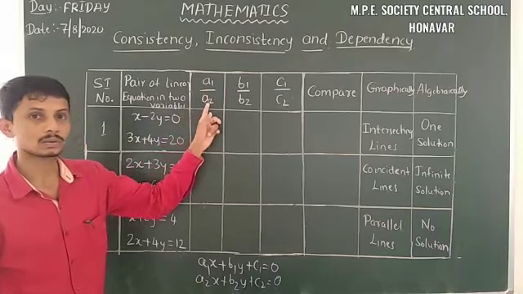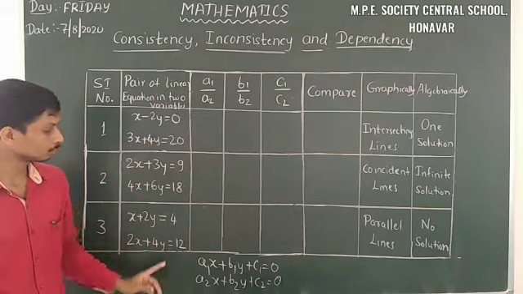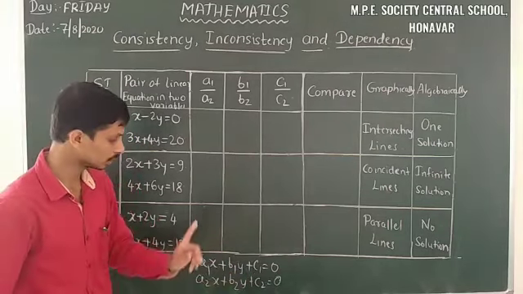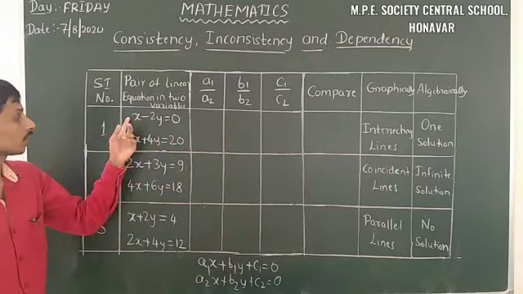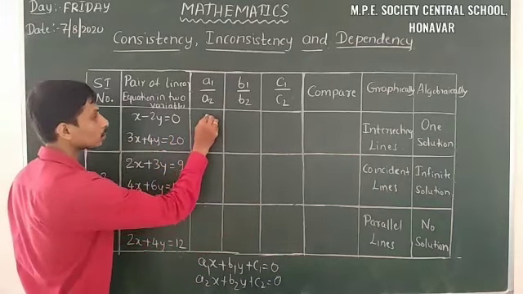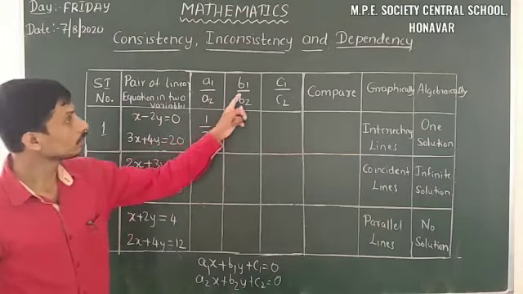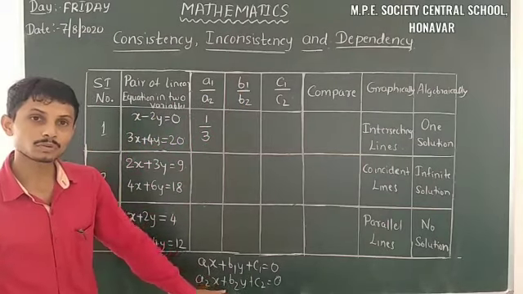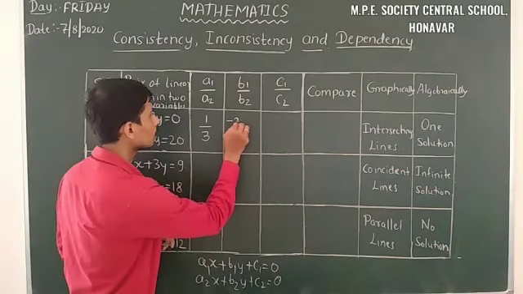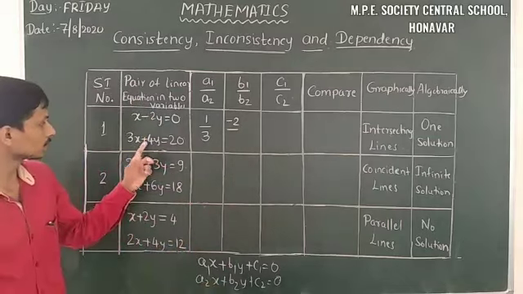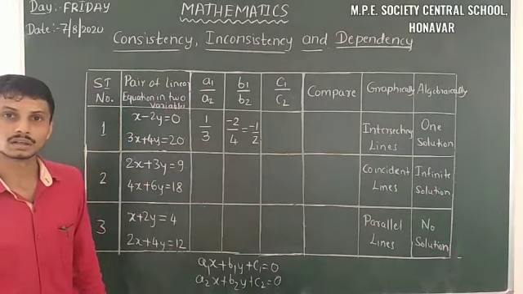When we take a1 by a2, a1 is 1 and a2 is 3, comparing with the standard equations a1x plus b1y plus c1 is equal to 0 and a2x plus b2y plus c2 is equal to 0. Then comparing b1 and b2, b1 is minus 2 and b2 is 4, so we get the value minus 1 by 2.